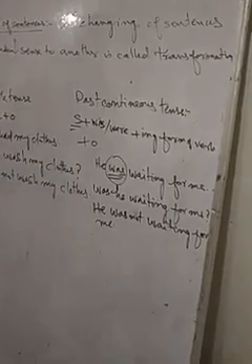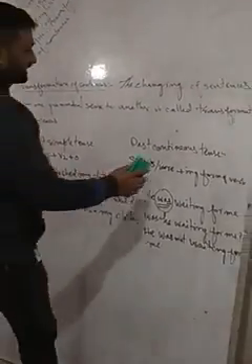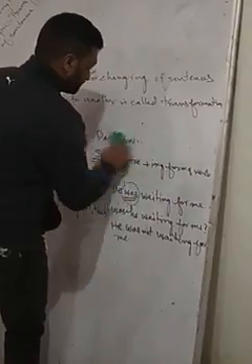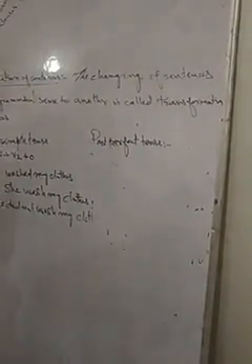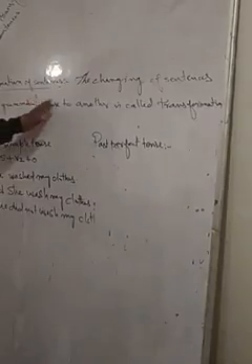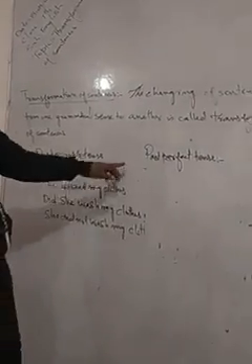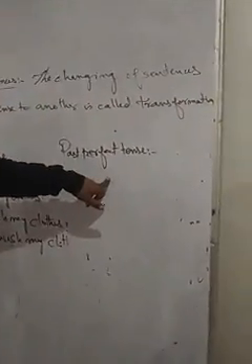Now, let us move on to one more form of the past tense, that is the past perfect tense. Having learned the process of transformation of sentences in the past simple and past continuous tense, now we move on to past perfect tense.